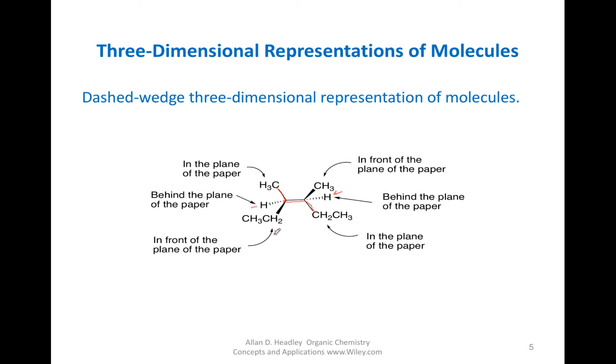We'll be using the dashed wedge representation a lot throughout this course. So try and get very familiar with this. You'll need your model so you can see it, because what we're trying to do here is to take a three-dimensional molecule and communicate that dimensions on paper, which is of course 2D.